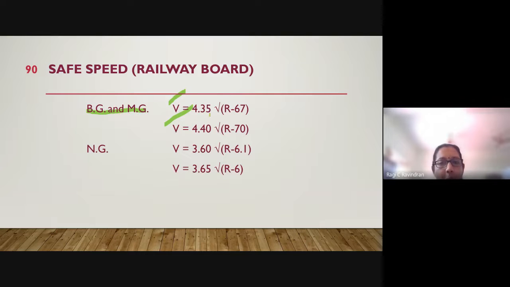V is equal to 4.35 square root of R minus 67, and the second equation is V is equal to 4.4 square root of R minus 70. Whether you are considering the first equation or the second equation, it doesn't matter. Stick to any one of the equations.